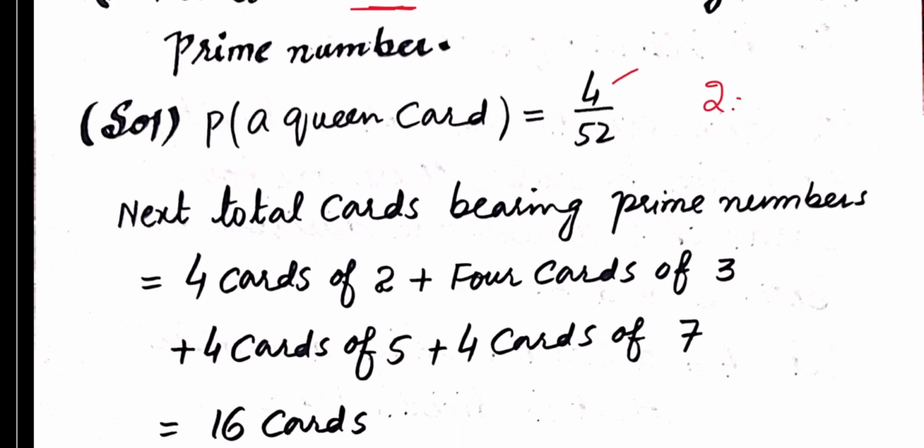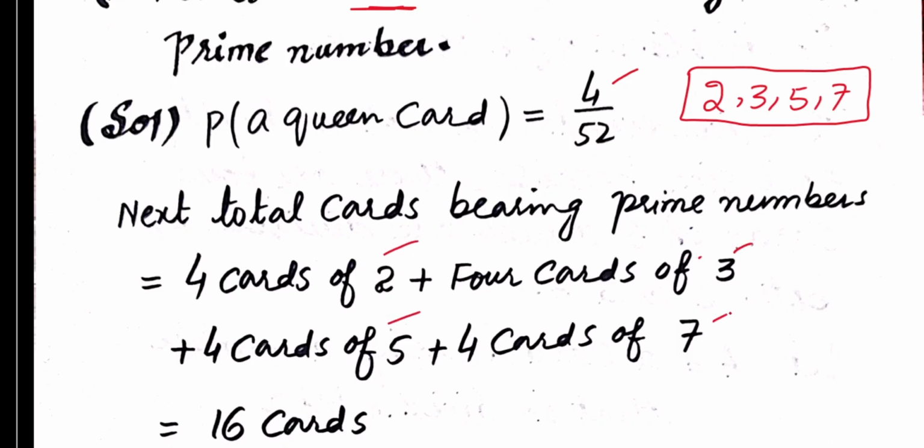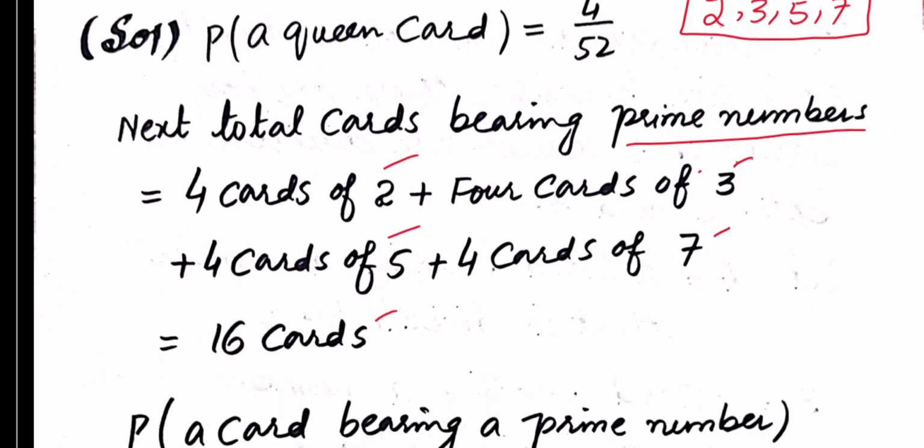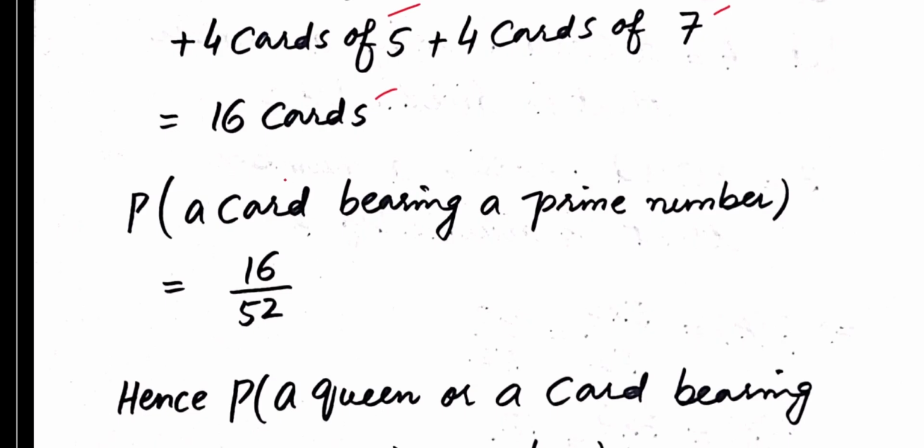The first prime number is 2, second is 3, third is 5, and fourth one is 7. These are the possible prime numbers on playing cards. Each card is repeated 4 times. So 4 cards of 2, 4 cards of 3, 4 cards of 5, 4 cards of 7. It means there are a total of 16 cards bearing a prime number. So the probability of a card bearing a prime number is 16 out of 52.